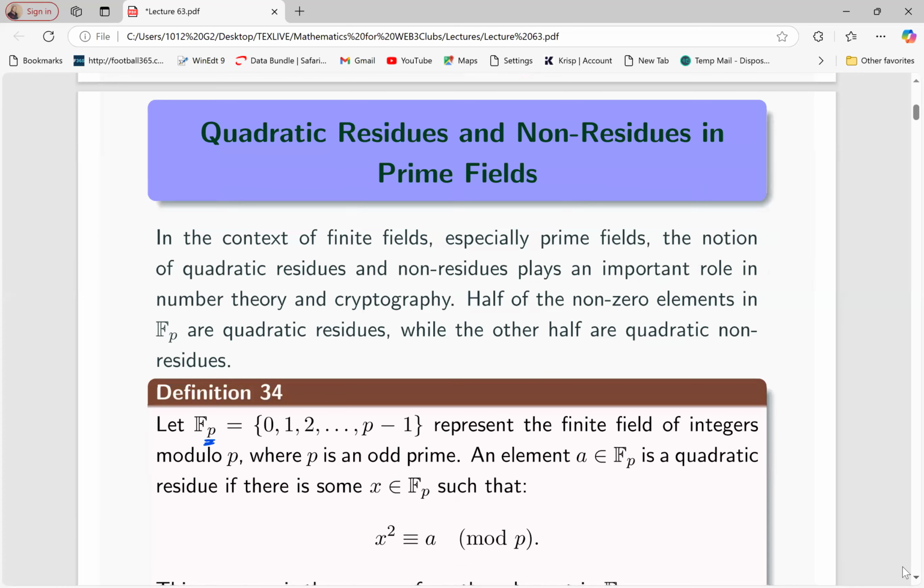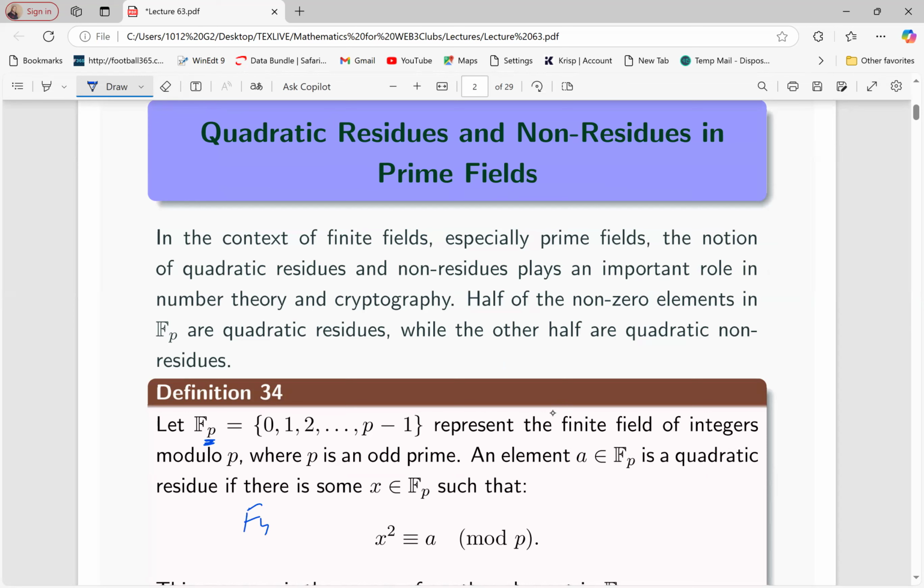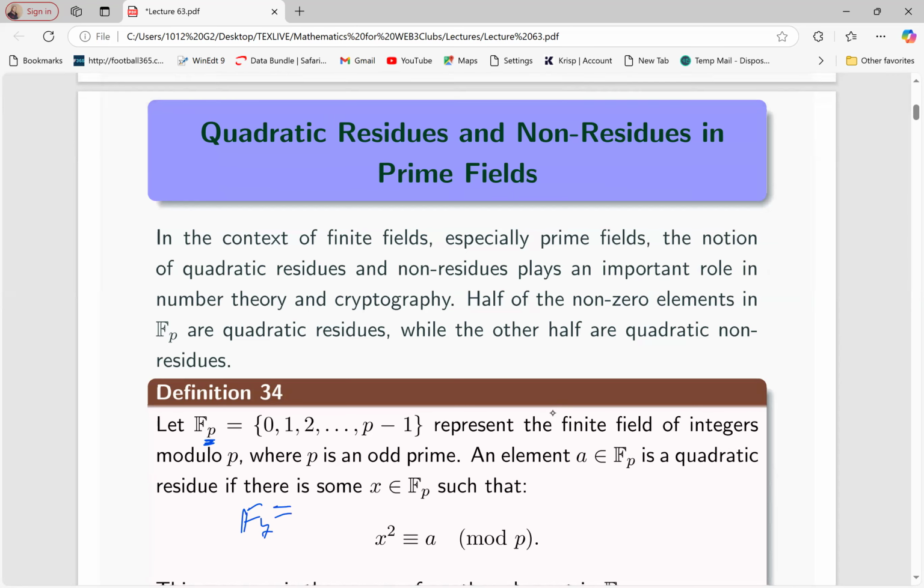So if you're given F_7, we ask ourselves, what numbers have square roots here? F_7 includes the numbers 0, 1, 2, 3, all the way up to 6.